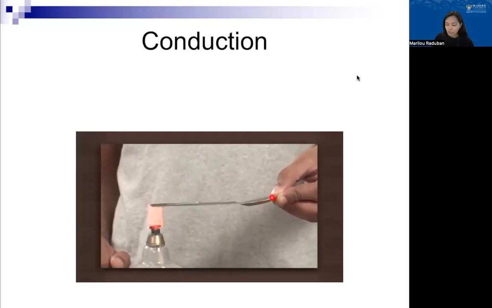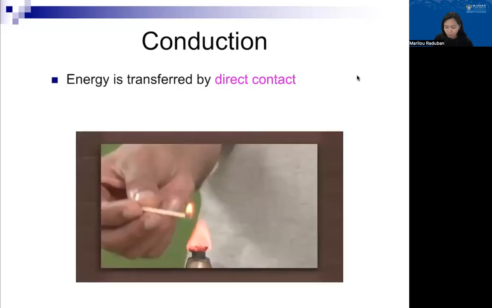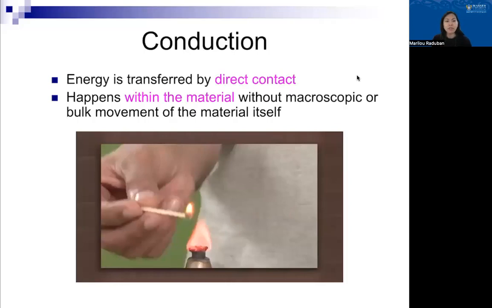So heat transfer by conduction requires direct contact between the two objects that are at different temperatures. So you have there the hot flame and the cold spoon. They need to be in direct contact for heat to transfer via conduction. The mechanism for heat transfer via conduction happens microscopically. It happens within the material.